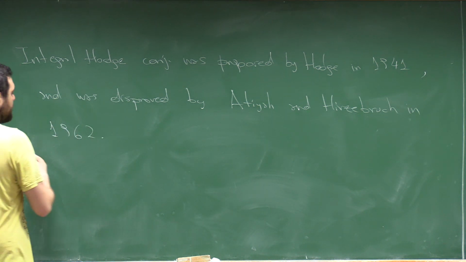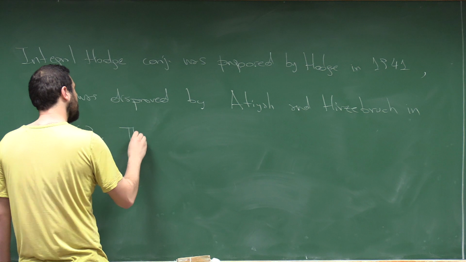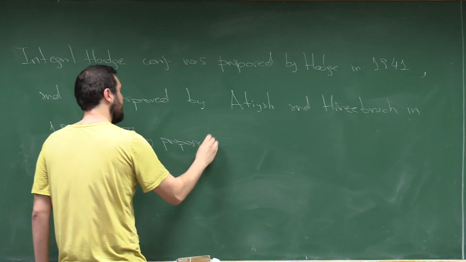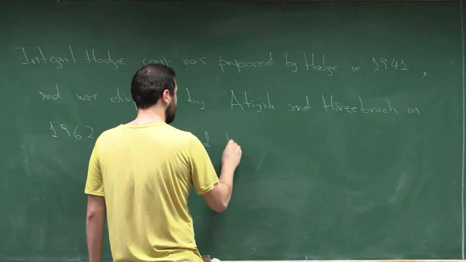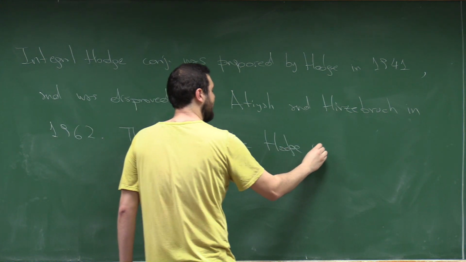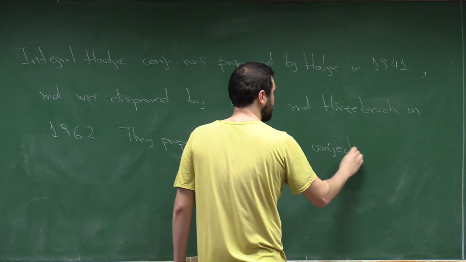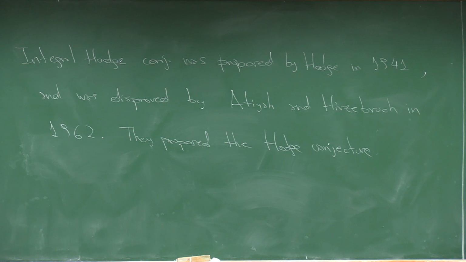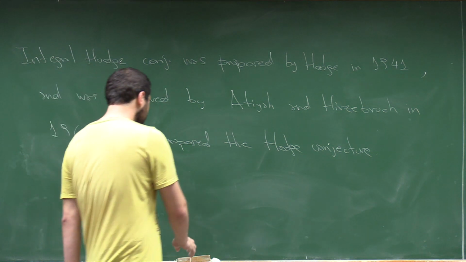And they proposed this current version of the Hodge conjecture, which is open up to now, right? And so the integral Hodge conjecture is known to be false.